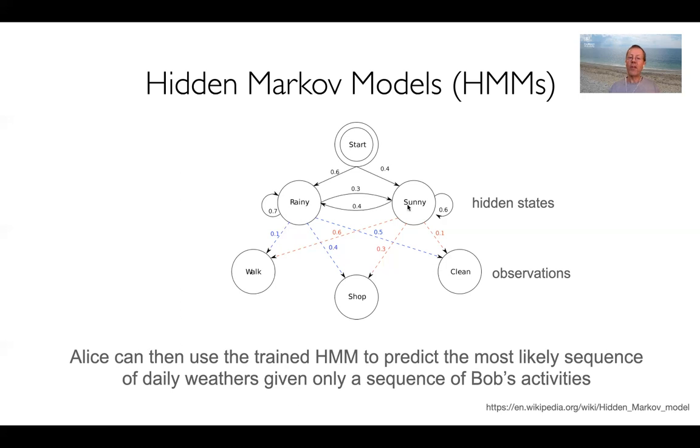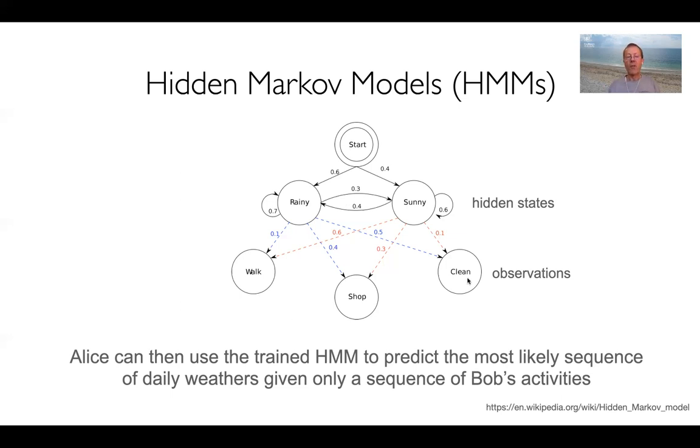It won't be a perfect prediction, but it will give her a pretty good idea of what the weather was like. Which sequence of rainy and sunny best explains a given sequence of observations that she received from Bob. So this is the basic idea of HMMs: you can use a series of observations to infer the most likely series of state transitions, or hidden states, that generated that series.